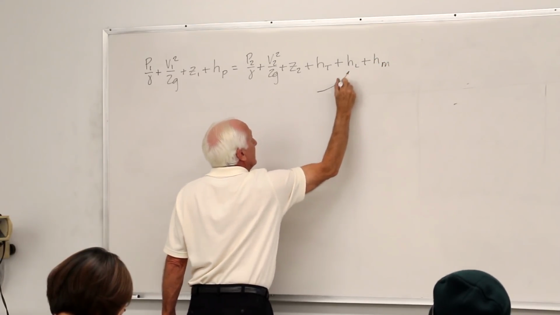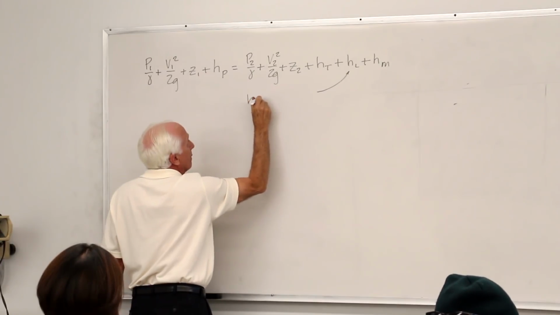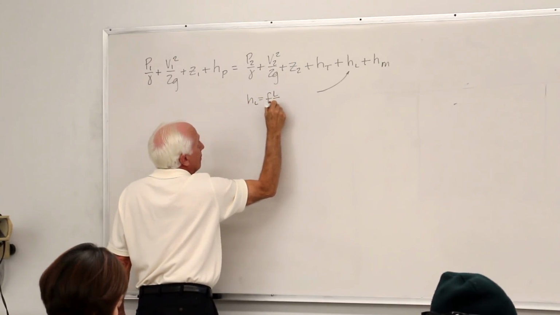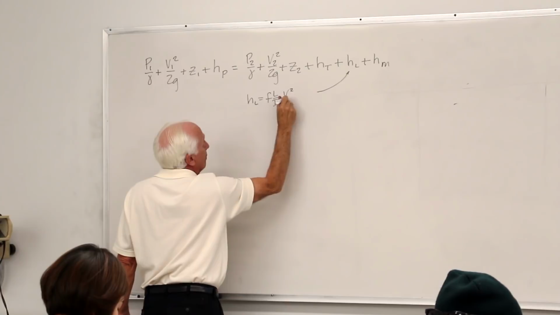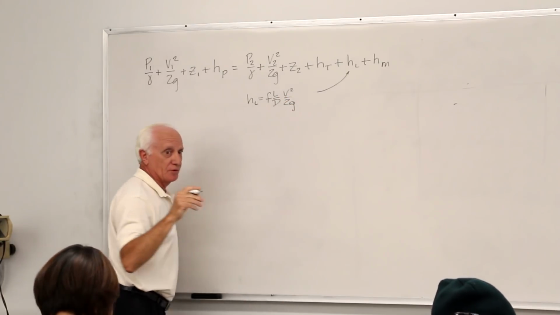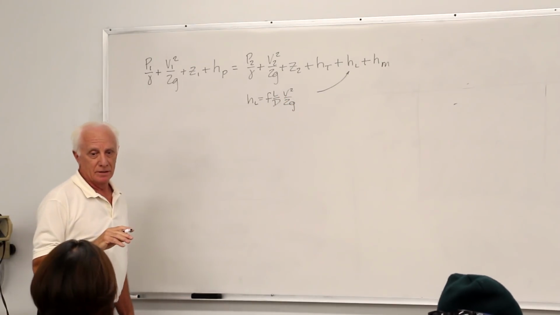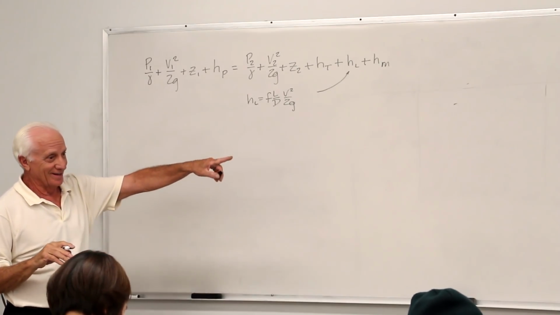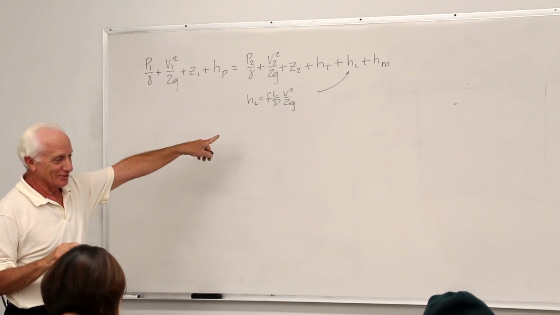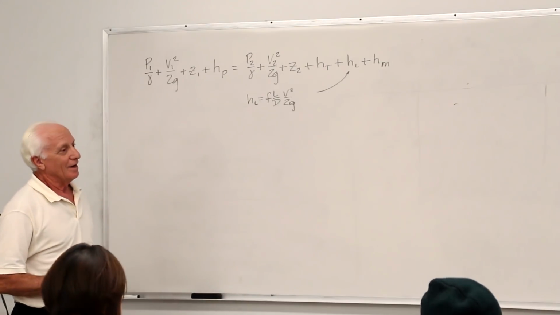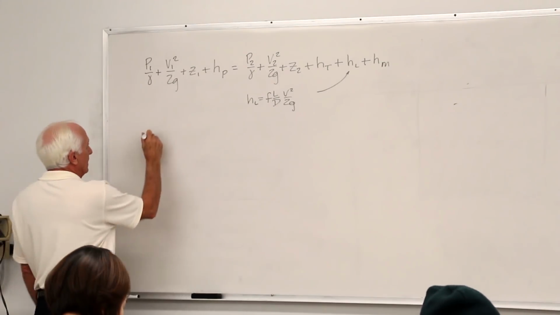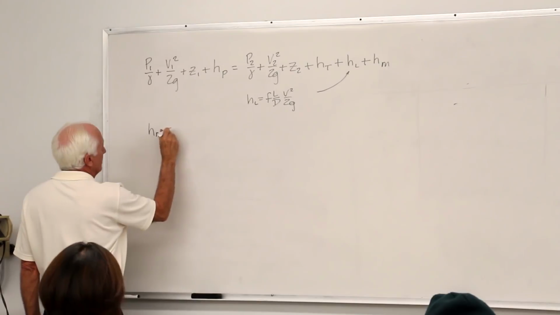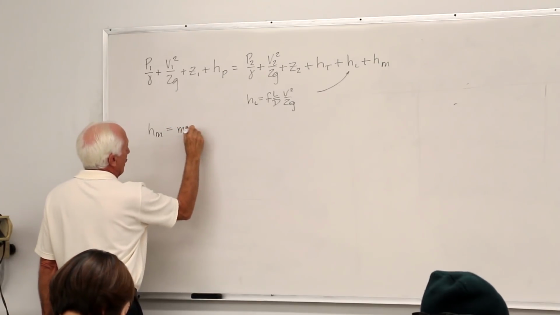Just to remember again, that equation, of course, works for laminar or turbulent. Of course, the F depends on laminar or turbulent, but the equation works for laminar or turbulent. Okay, we haven't done HM. HM stands for minor losses.